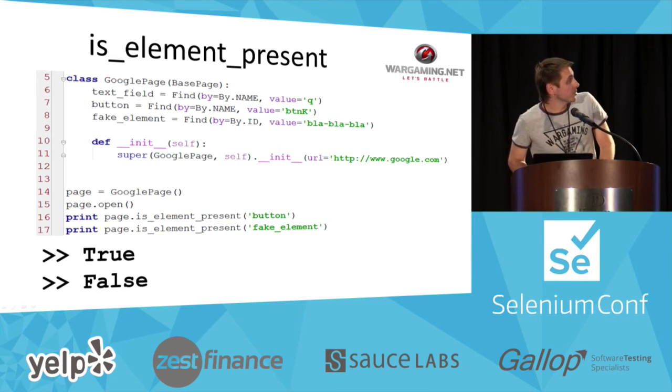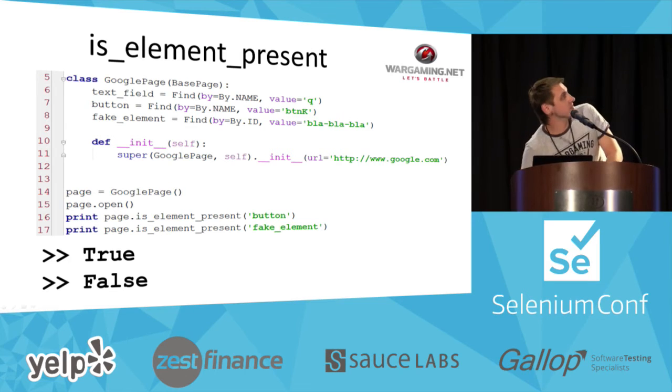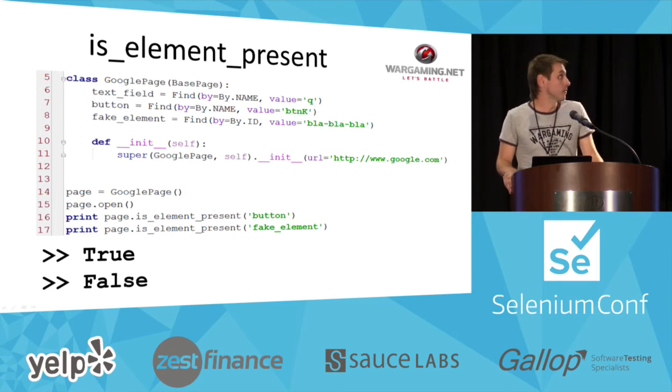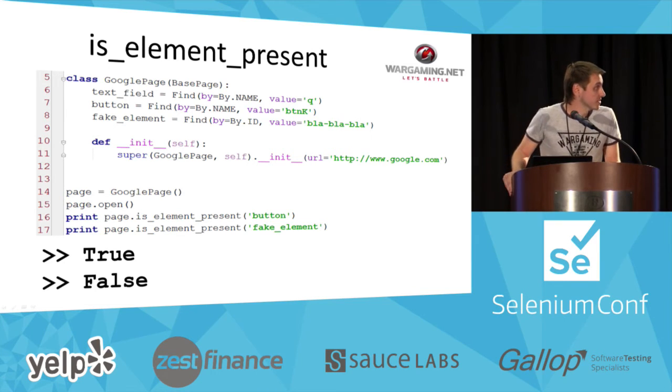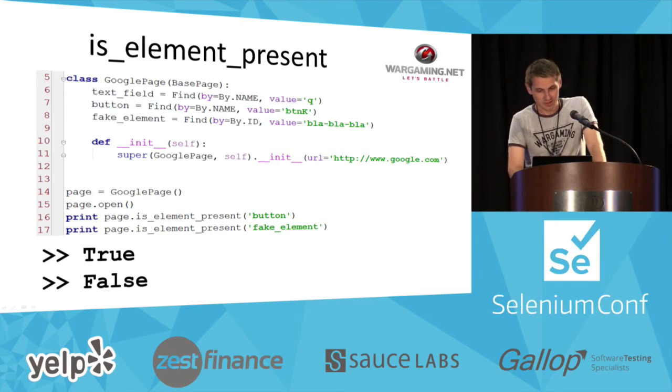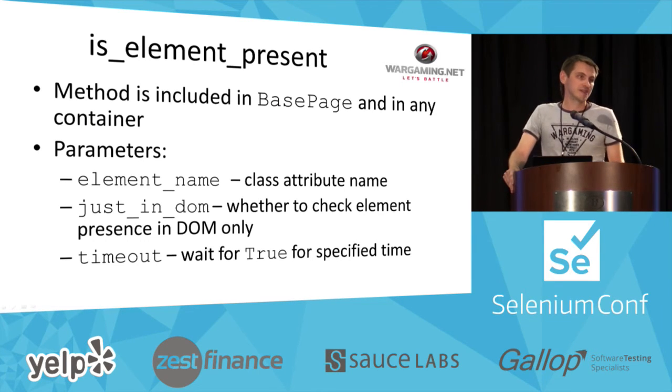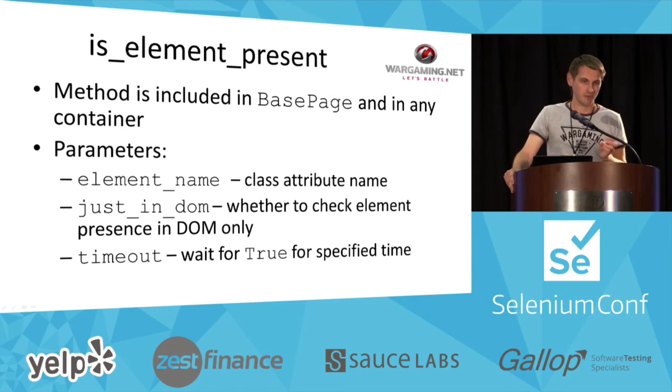And here's an example. There's a fake element which is not present. When we called ElementPresent for this element, we receive false. So by default, this method checks that the element exists and it is visible. But if visibility is not critical, we can skip this check by passing true for the just in DOM parameter.